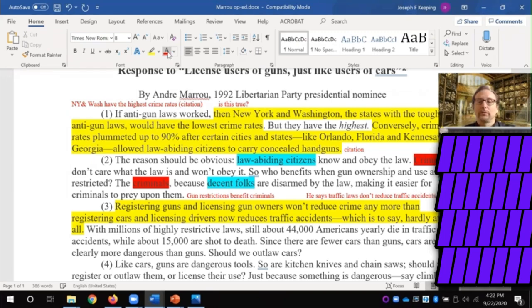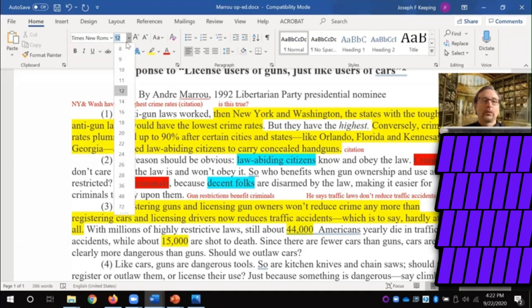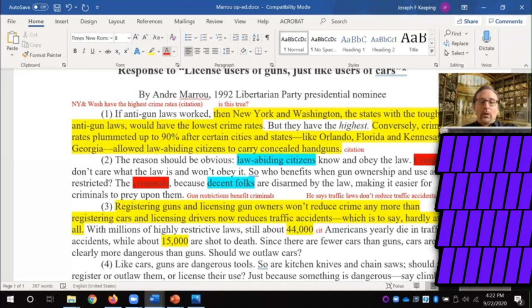WTF. Okay, well, we have some more places where we need citations. Citation.